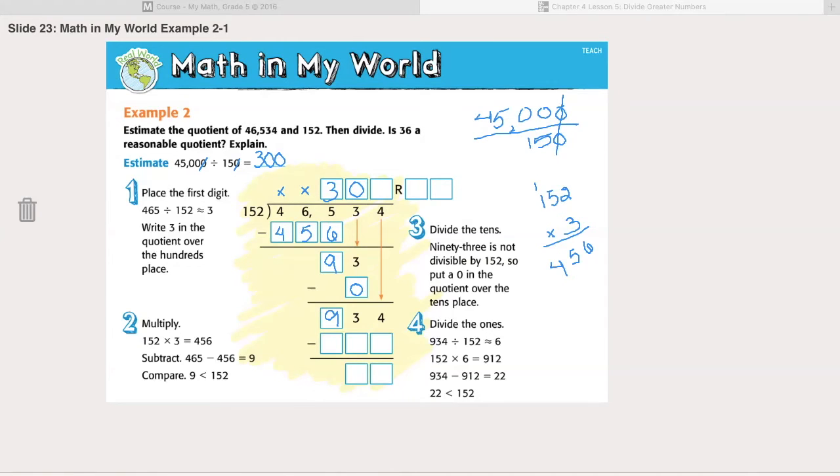I know that 150 plus 150 is 300. So I'm going to ask myself how many times 300 fits into 900. It fits in 3 times. So 3 times 2 is 6. I'm going to try 6 and see if that works, right?